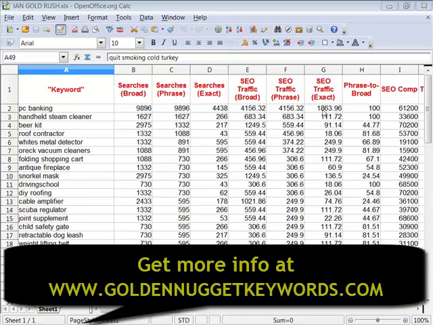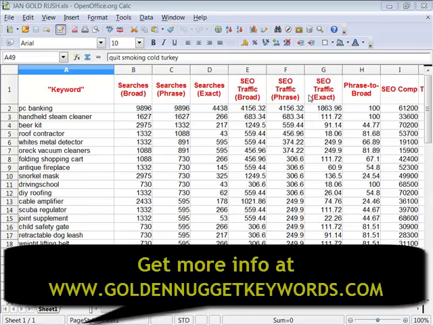So only 1,800 of those searches actually hit that page. That could be because they click on another page in the top 10. It could be they look at it and go, that's not relevant to what I'm looking for, and move off elsewhere. So again, between these two numbers gives you an idea of how many clicks your website is likely to receive in a single day.